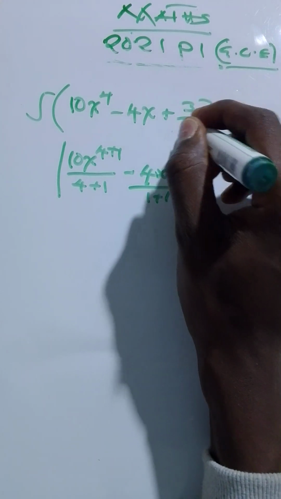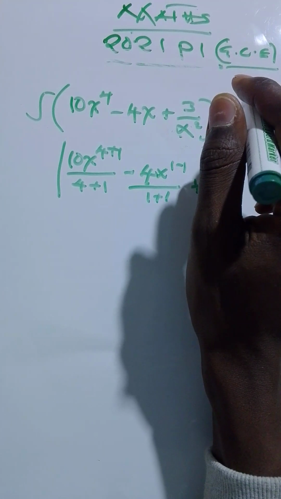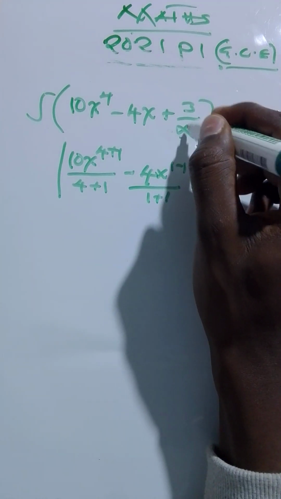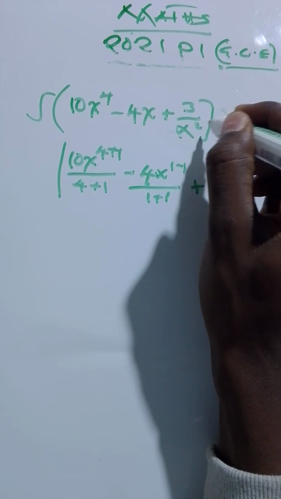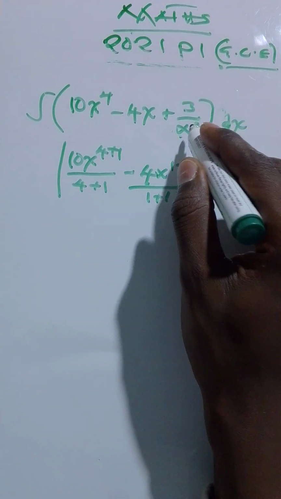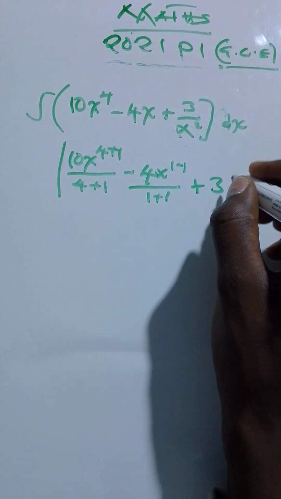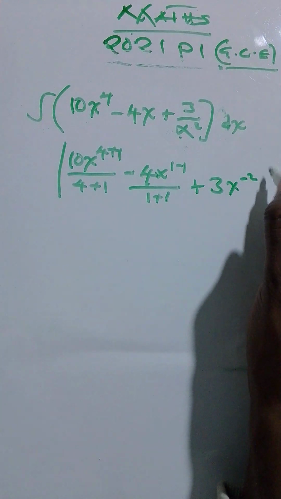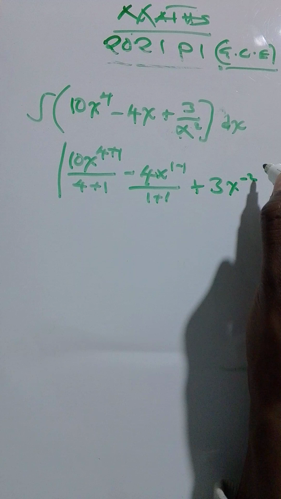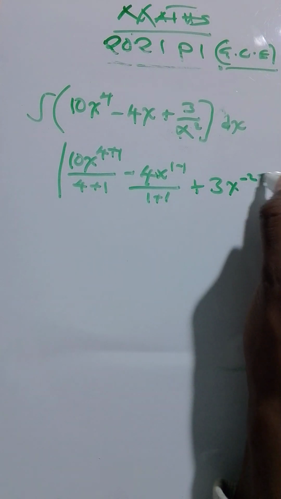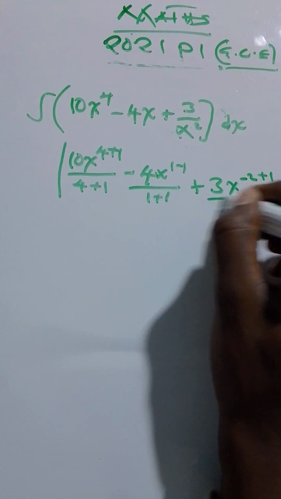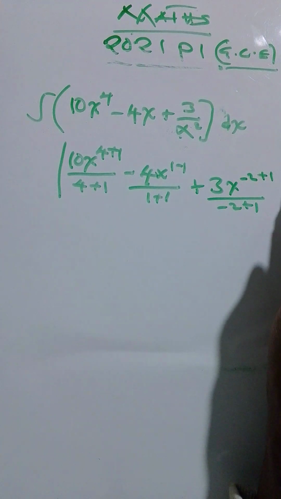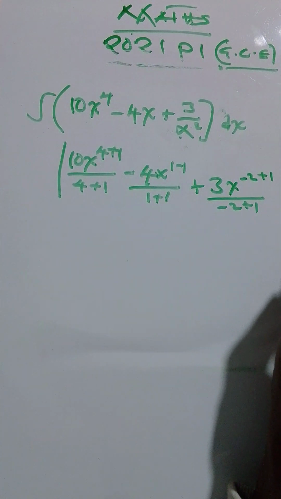Since we're dealing with an exam where time is given, we just need to do the inverse of this one. So 3 times x to the power 2, which is positive, will become negative 2 like this. At this point it will be very easy to work out. So we add 1 and also divide: negative 2 plus 1, then plus c, which is the constant number.